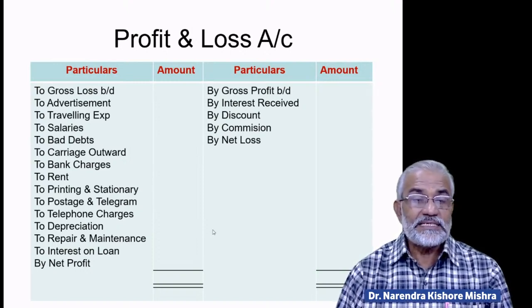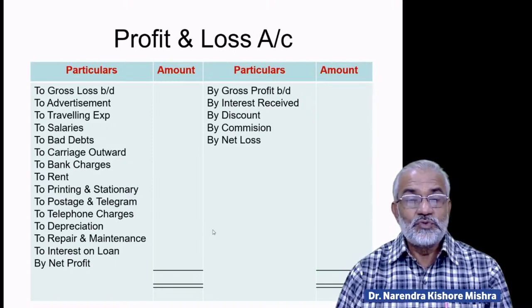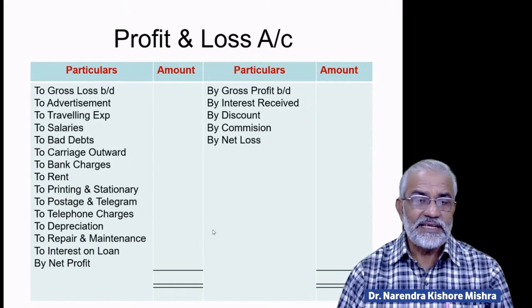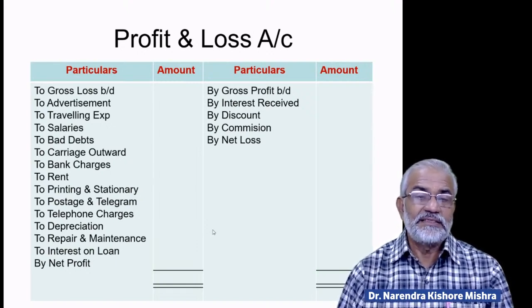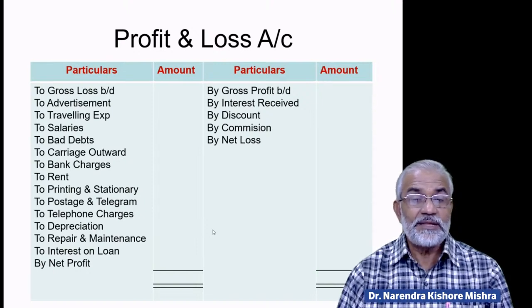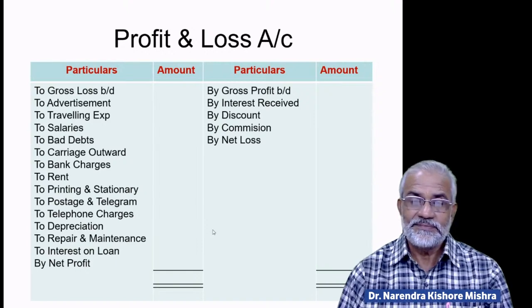When we have engaged workmen in our organization, their salary is due to be paid at the end of the month. If the salary is not paid by the end of the month, then it becomes outstanding salary. For outstanding salary, the entry would be salary account debited to outstanding salary account or salary payable account. That outstanding salary account is a current liability because it is payable in nature.